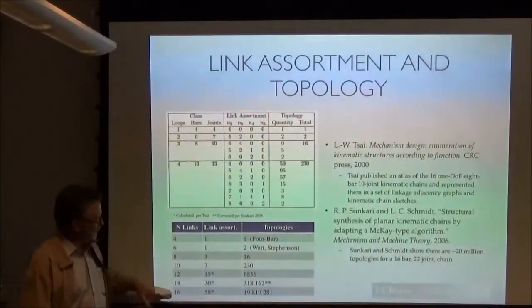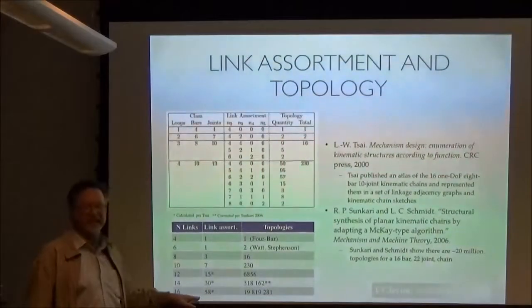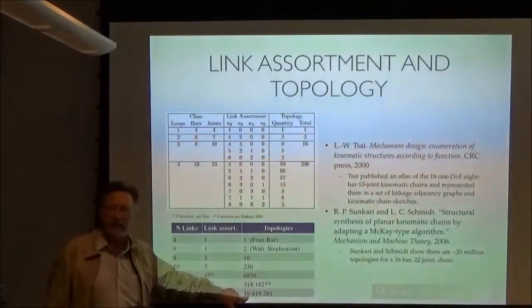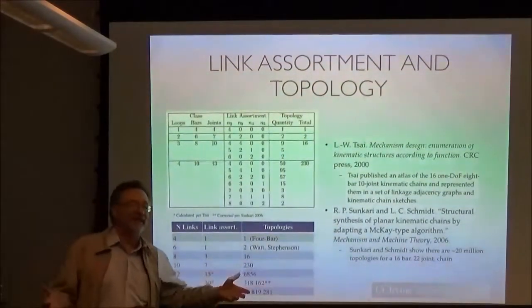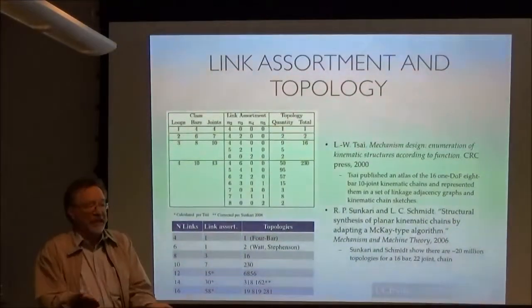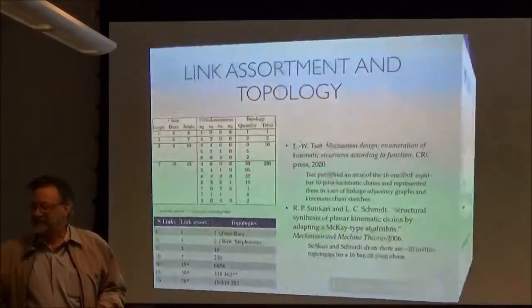The biggest result, this is what blows my mind: you just get up to 16 joints and you've got 19 million topologies. And that's not even choosing which link is going to be the ground link and which link is going to be the input link. I'm going to show you some of our results on that.